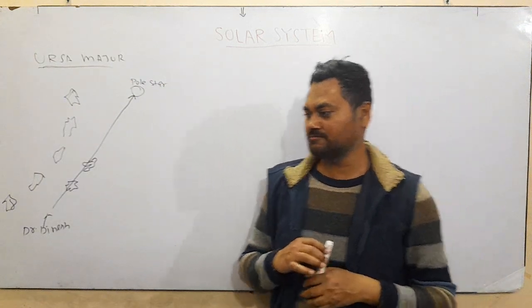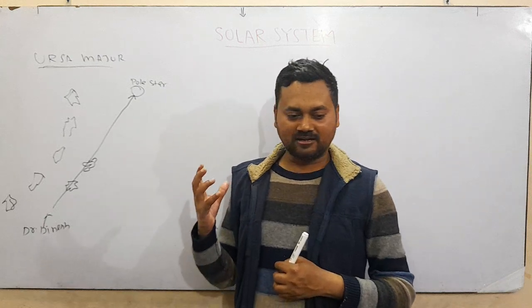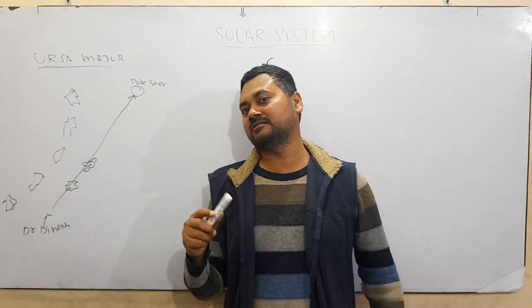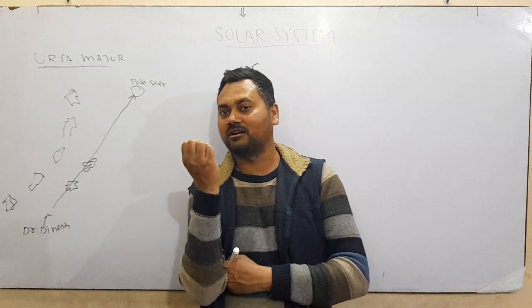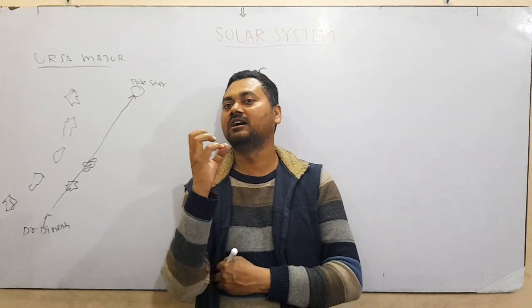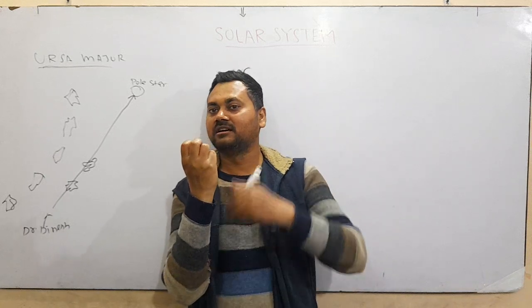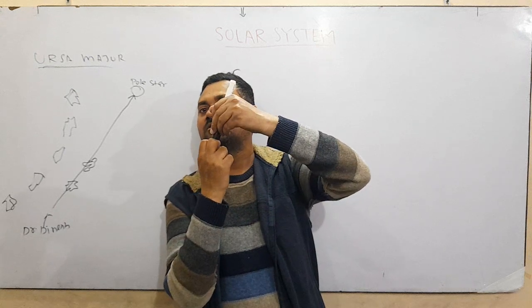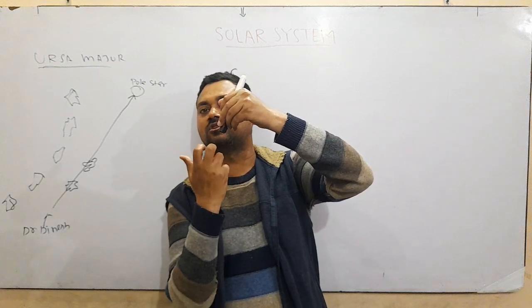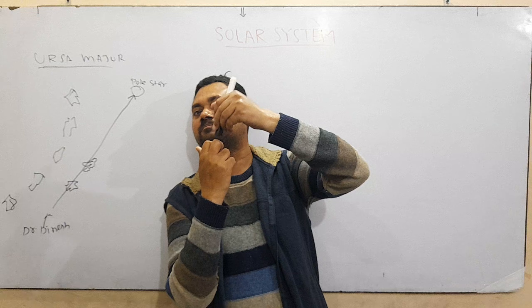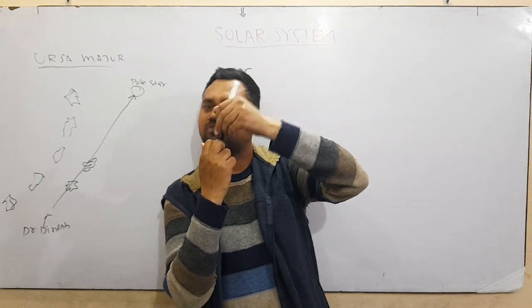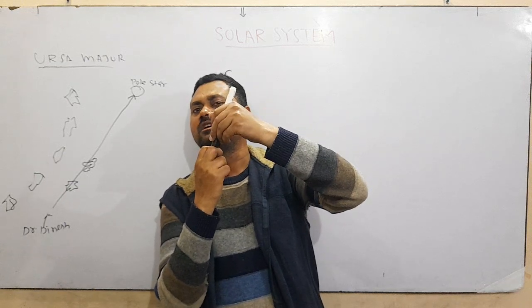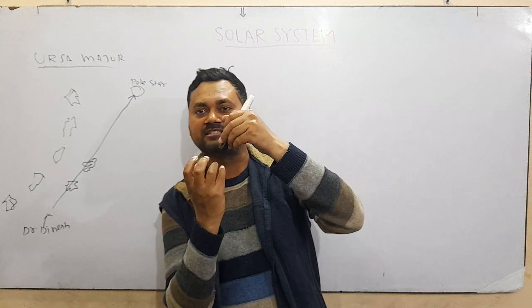If there is a ball and you are rotating it, no matter how much you rotate the ball, the top position of the ball, or you can say the north pole, never changes its position.